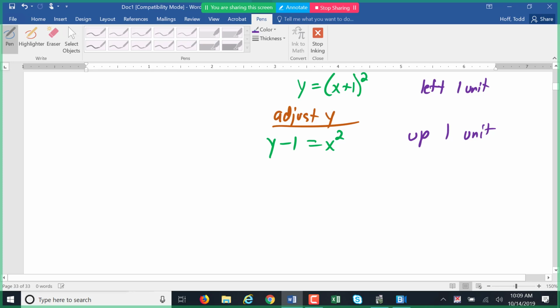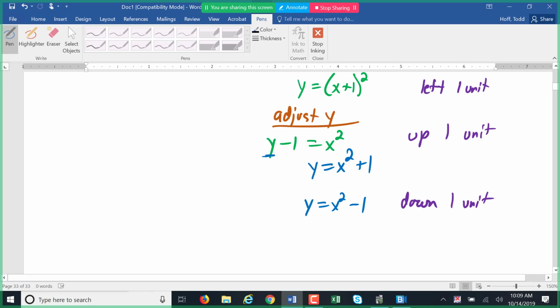Typically, however, we didn't leave it written like that, because if we put it in f(x) notation, we don't want anything on the left side of the equation with f(x). So we want to get y by itself. So we wrote it as y equals x squared plus 1. Sticking with that, if it was y equals x squared minus 1, that shifts the graph down 1 unit.